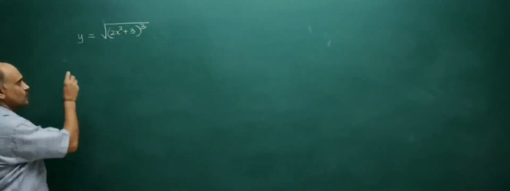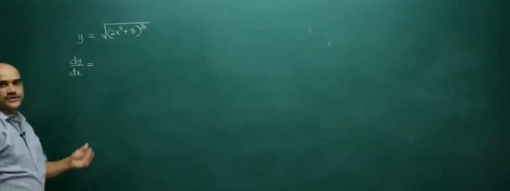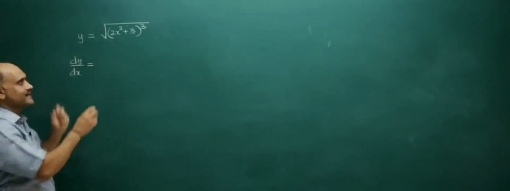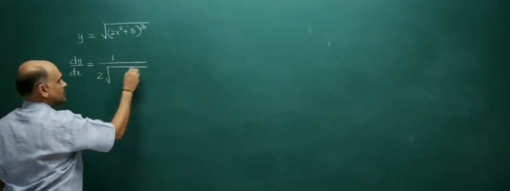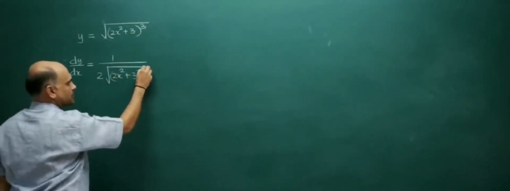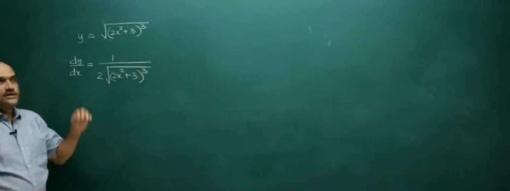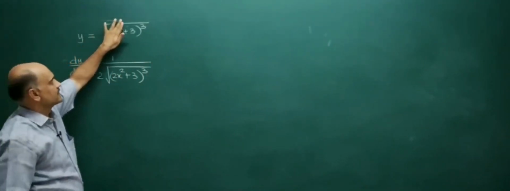So by chain rule, first the differentiation of root. If you differentiate this root, you will have 1 by 2 root of (2x square plus 3) bracket cube. So the differentiation of root is over. Now you have differentiated this root.